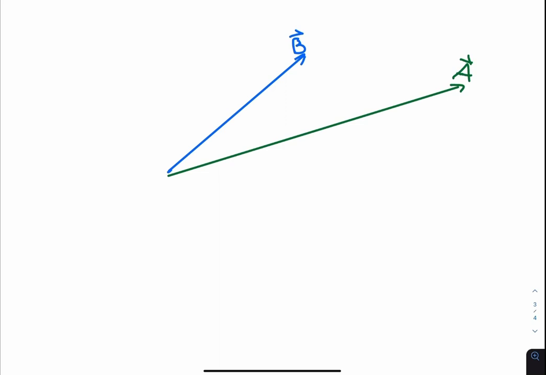So, how is the cross product different from the dot product? Well, for the cross product, we're going to be multiplying the magnitude of the first vector by the component of the other vector that is perpendicular to the first vector. Let me show you what this looks like.